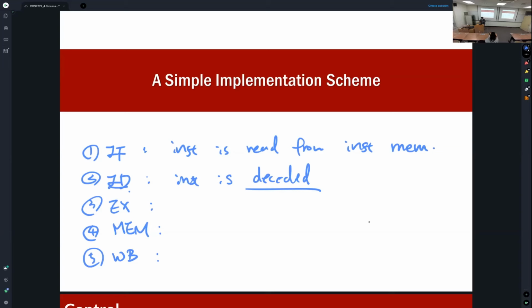During the instruction decoding step, the instruction reads the operands from the register file. For example, an add instruction, a load instruction, most instructions need operands from the register file.